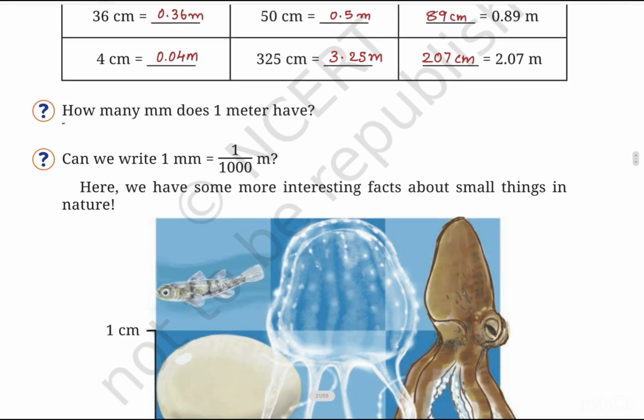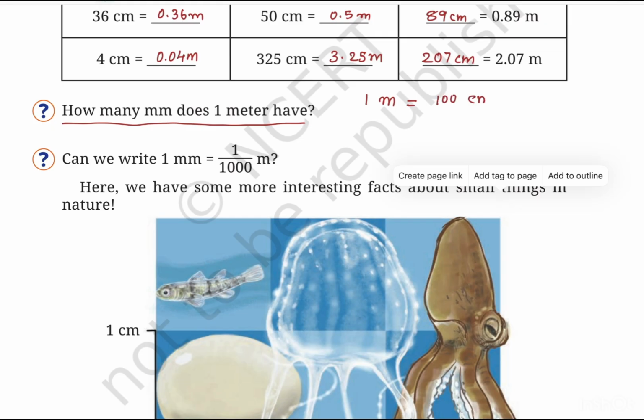Next we have a very important problem. How many millimeters does 1 meter have? Starting from 1 meter, 1 meter is equal to 100 centimeter, that is 100 into 1 centimeter. 1 centimeter means 10 millimeters.